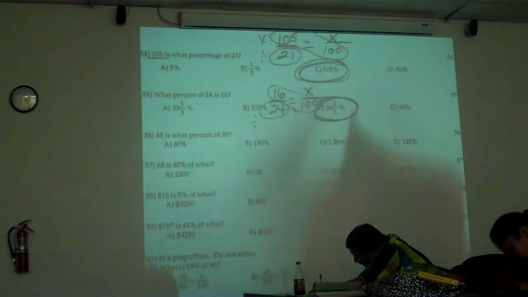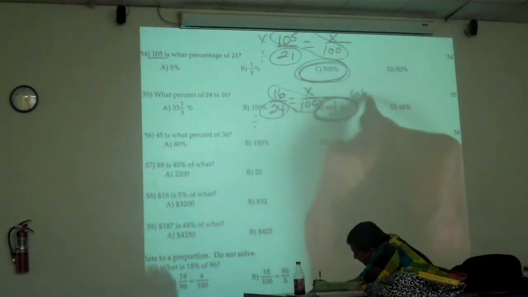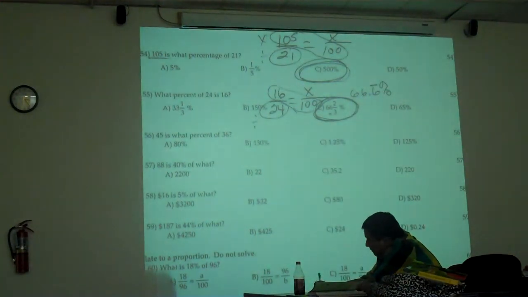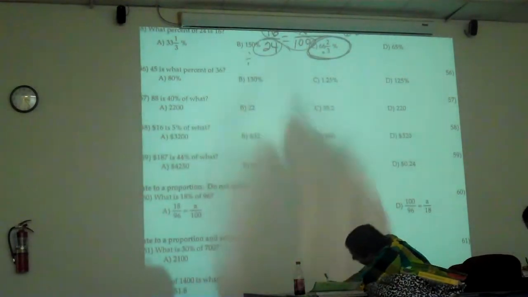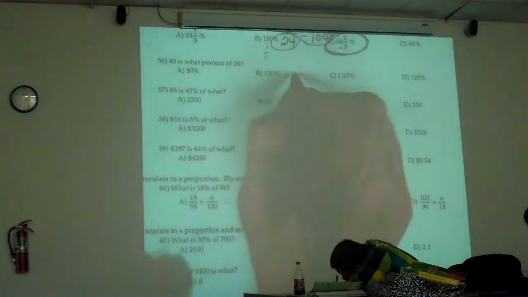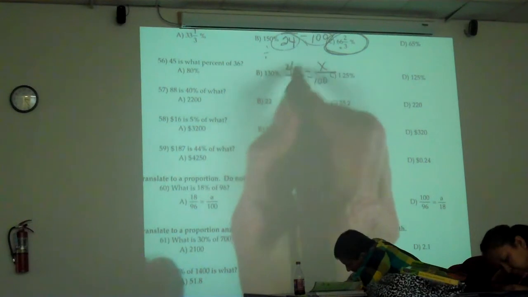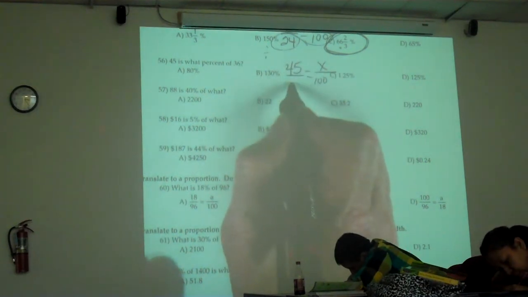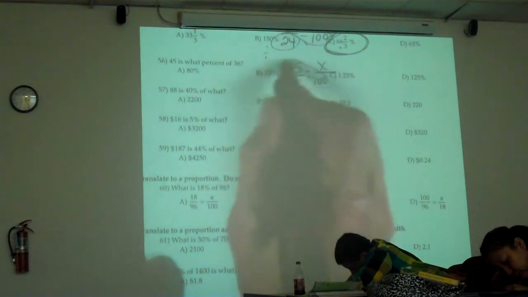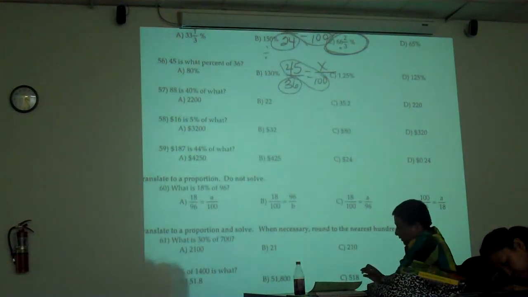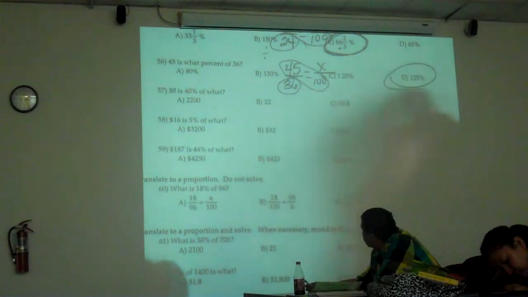You don't have multiple choice, I'll accept this or where you write the repeating side, either one. Okay, 45 is what percent of 36? What percent 45 is of 36? So 4,500 divided by 36. 125, 125%.